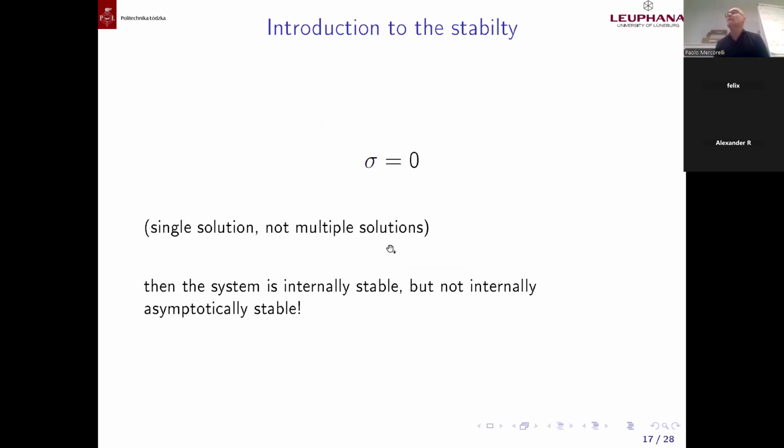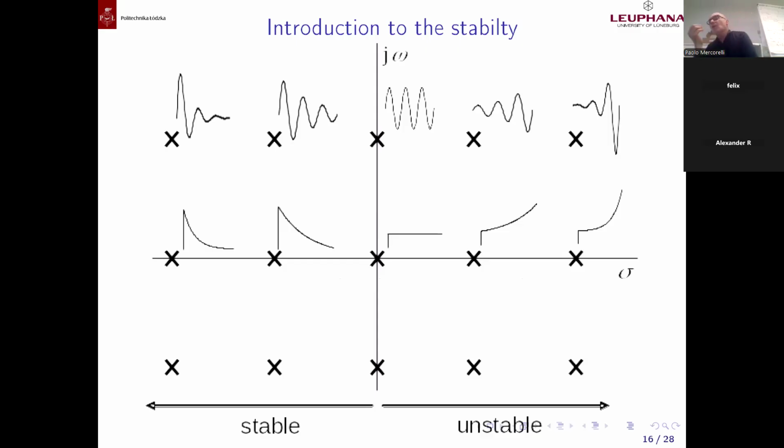What is the meaning of single solution, not multiple solution? The system is internally stable, but not internally asymptotically stable. Asymptotically stable means that for t toward infinity, the free answer is going to 0. It's not the case.